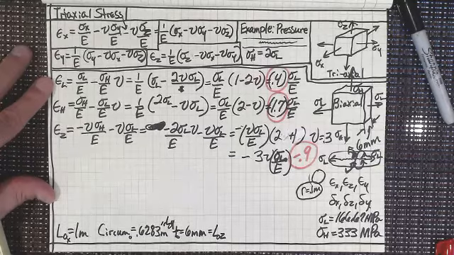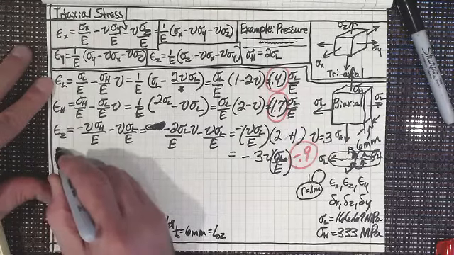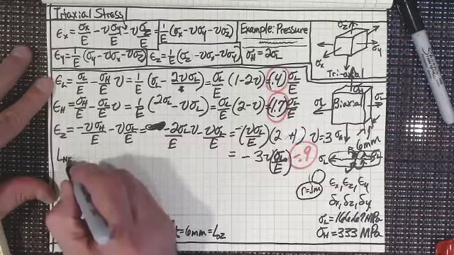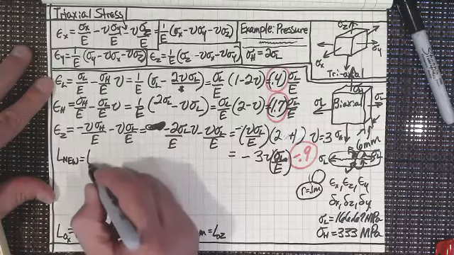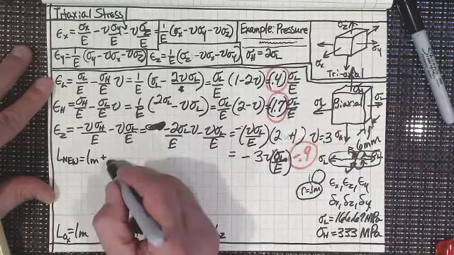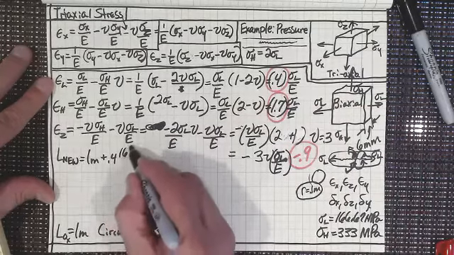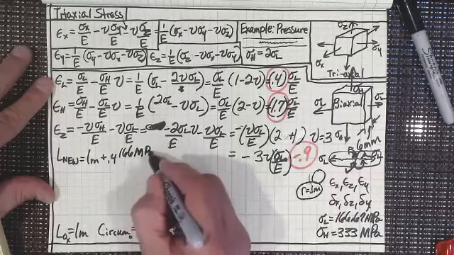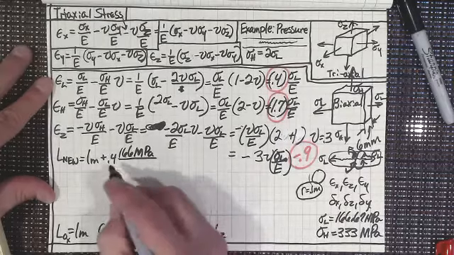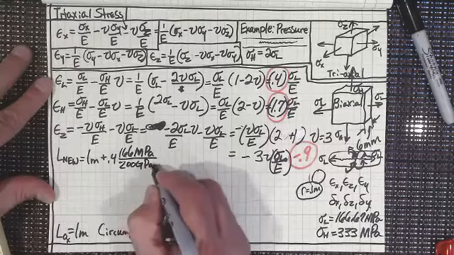So if I wanted to find out what my new length in the x direction is going to be, it's going to be my 1 meter plus 0.4 times 166 megapascals divided by 200 gigapascals.